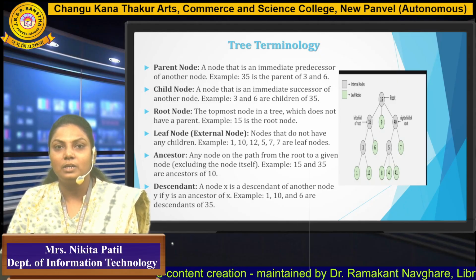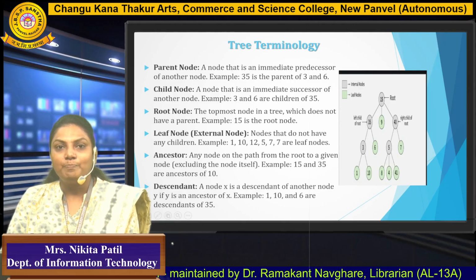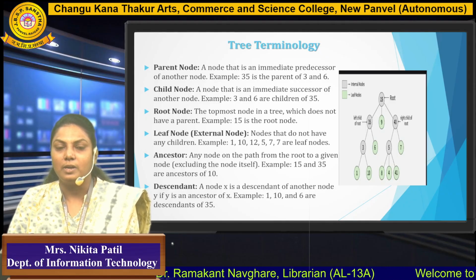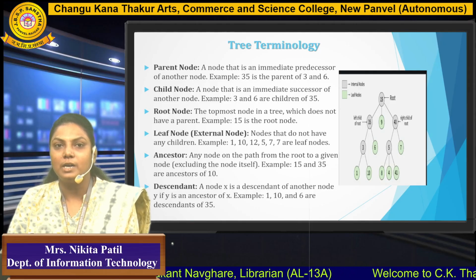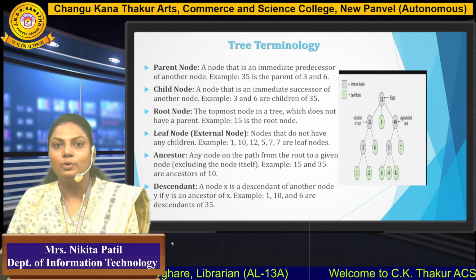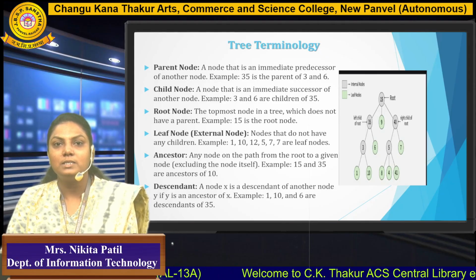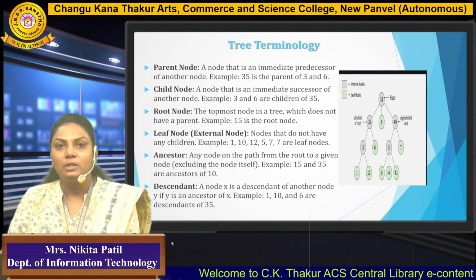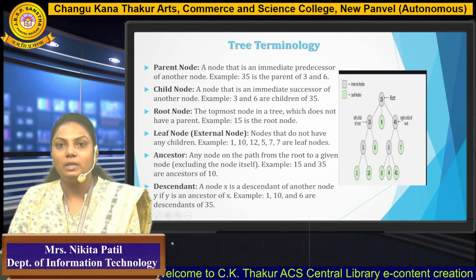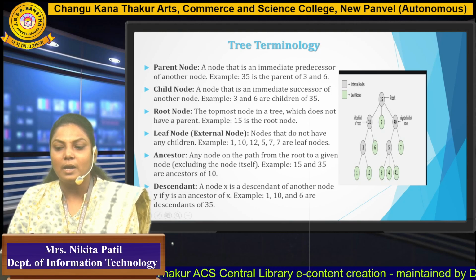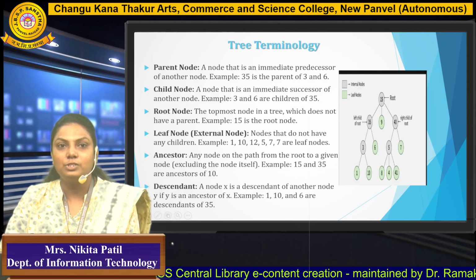For example, 35 is the parent of 3 and 6, because 3 and 6 are derived from the node 35. Next is the child node. A node that is an immediate successor of another node is a child. So 3 and 6 are the child nodes of 35. Similarly, in the diagram, 40 is a parent node and 5 and 7 are its child nodes.